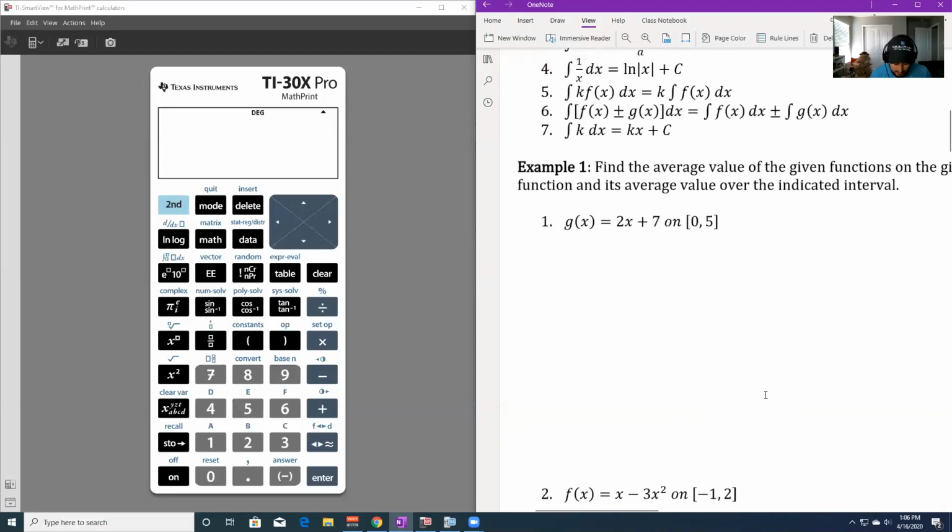I'm going to rewrite the average value formula above, just to get us familiar with it.